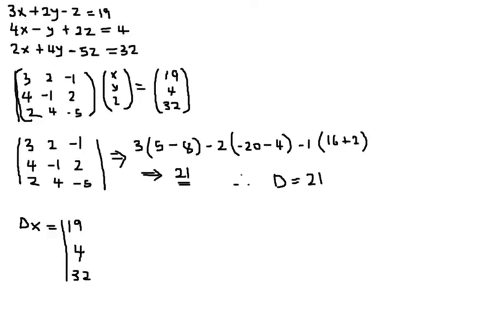Then we still have the other things as they were: 2, minus 1 and 4, and then minus 1, 2 and minus 5, just as they were. So we also find the determinant of this.